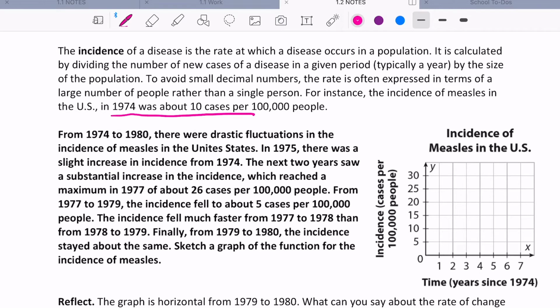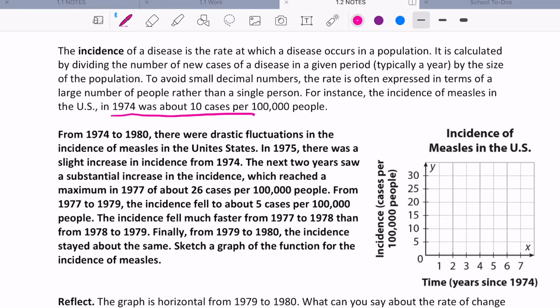From 1977 to 1979, the incidence fell to about 5 cases per 100,000 people, and the incidence fell much faster from 1977 to 1978 than from 78 to 79. Finally, from 79 to 80, the incidence stayed about the same. Sketch a graph of the function for the incidence of measles.